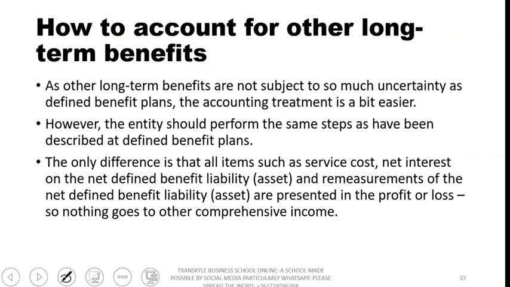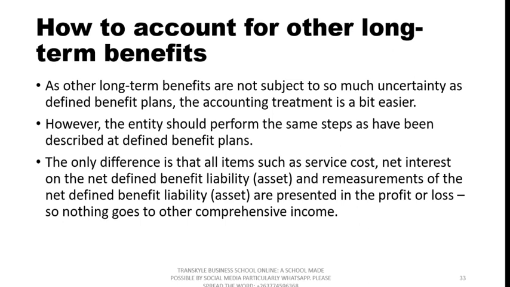But how do we have to account for these? The bottom line is, as long as other long-term benefits are not subject to so much uncertainty as defined benefit plans, the accounting treatment is a bit easier. However, the entity should perform the same steps as have been described for defined benefit plans.